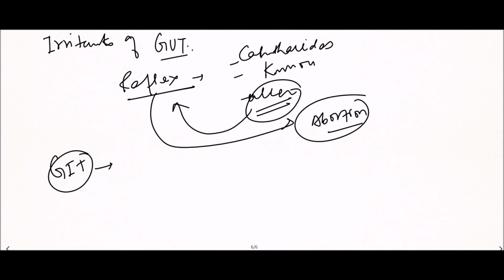GIT irritants. They basically produce irritation of the colon, hyperemia and contraction of the uterus, the reflex contraction. The irritants of the gastrointestinal tract are the cantharides, same as GUT.